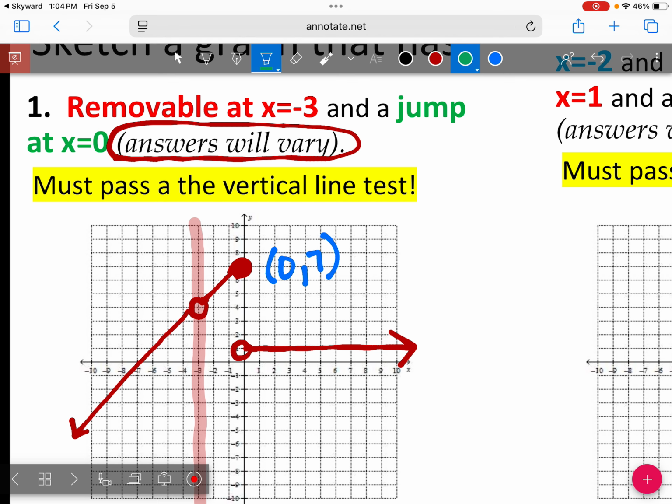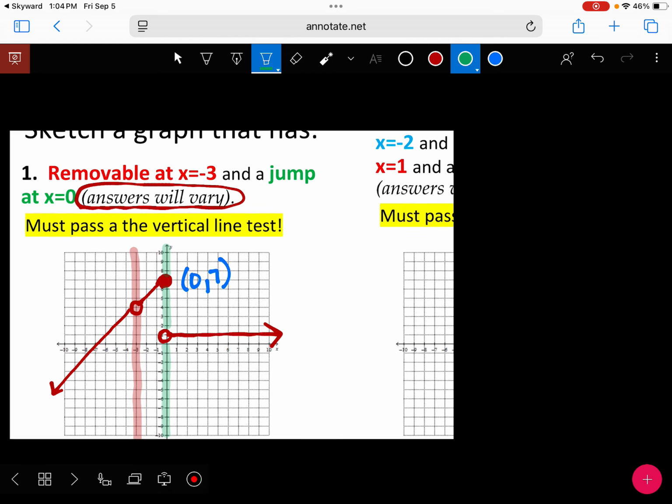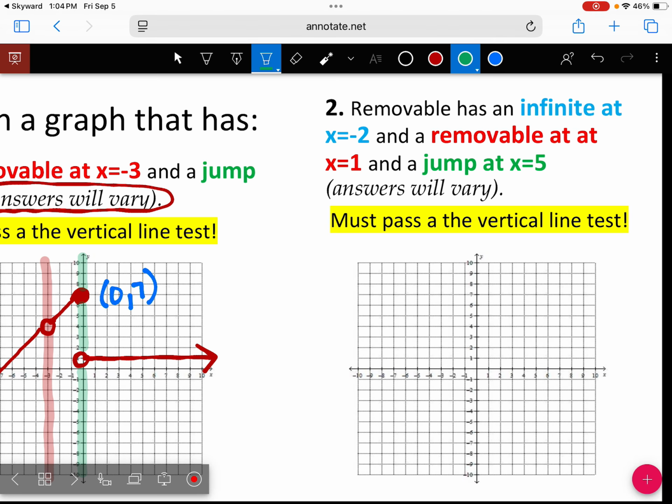Okay, I knew something went away. It was my little wall. All right, go ahead and copy down this next one. We're going to work through that one together. Now we're going to have 3 on one graph.